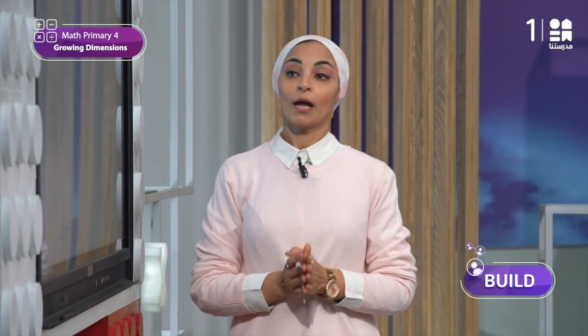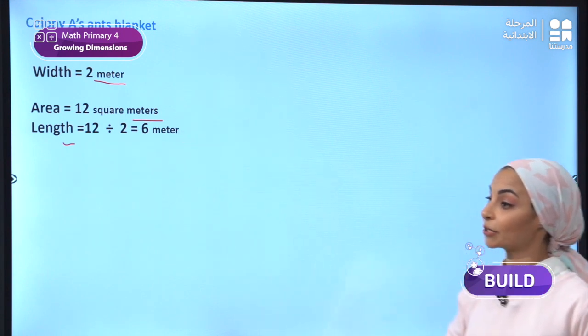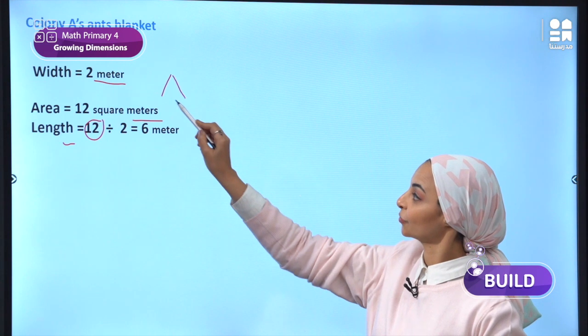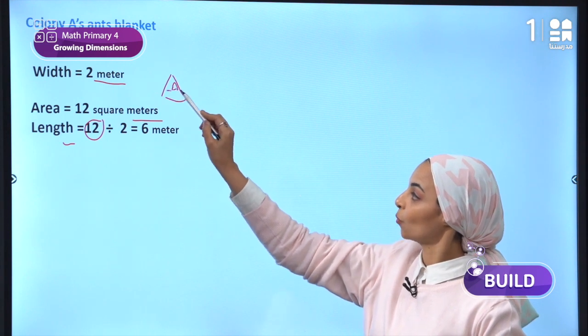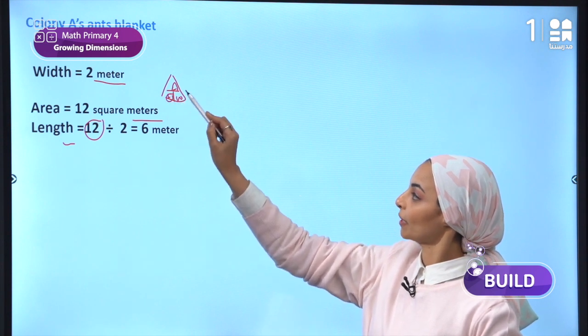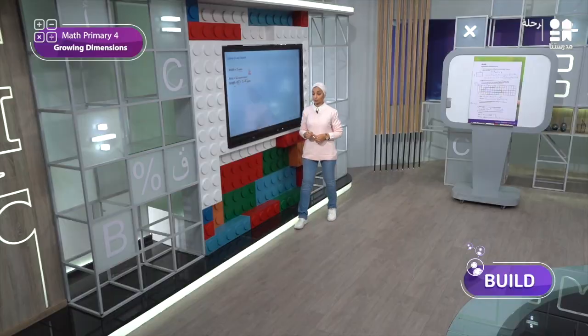If I want to get the length, what should I do? My length equals 12 divided by 2. I will do 12, which is the area, divided by 2. Don't we remember the rule, area equals length times width? To get the length, I do area divided by the width, which equals 6 meters.